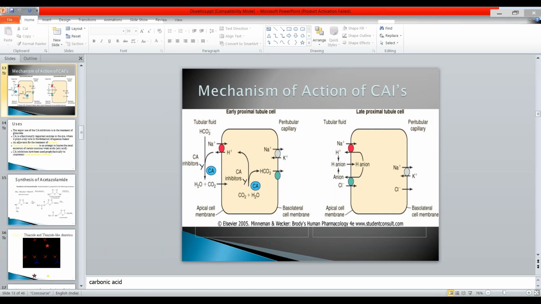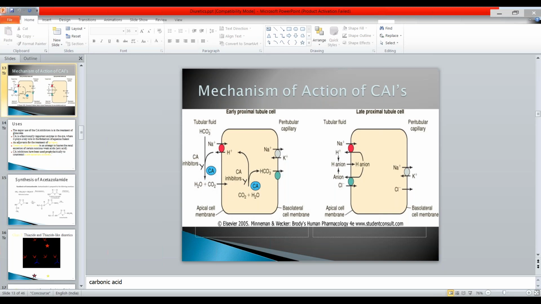Now at the first site, carbonic anhydrase is present at 2 sites. It is present at the brush border membrane, and it is also present intracellularly. Now both of the sites of the production of carbonic anhydrase are inhibited.